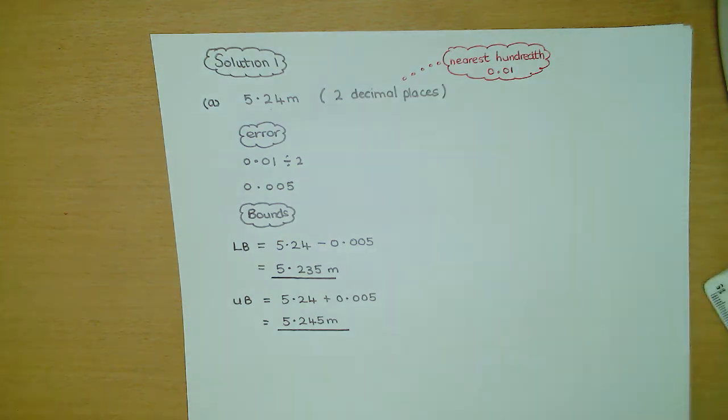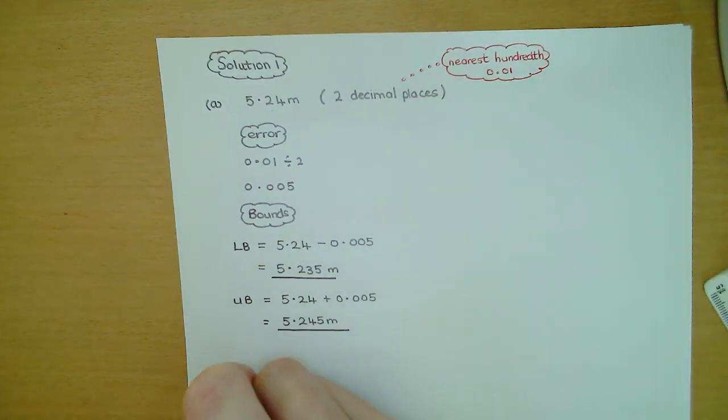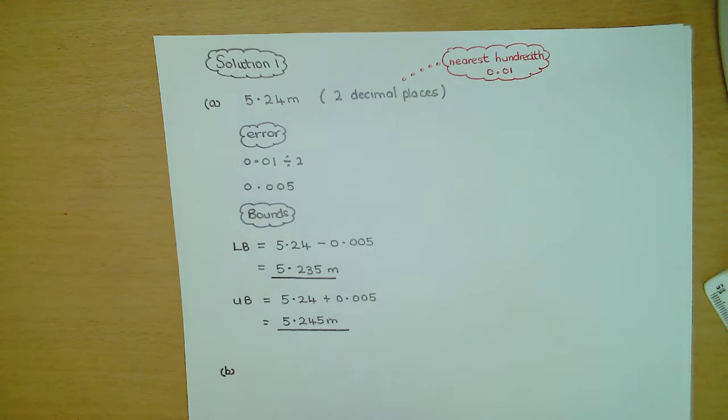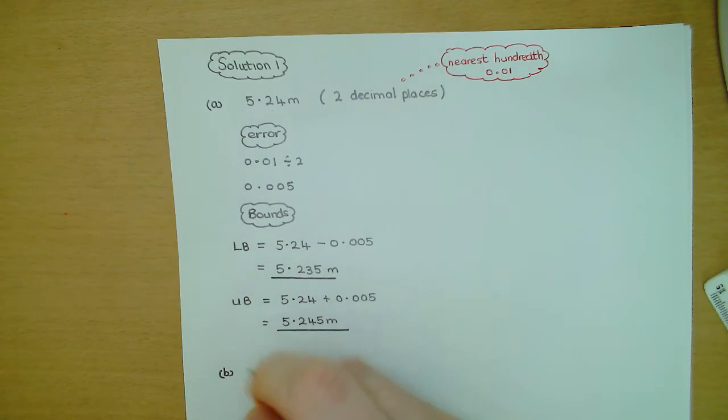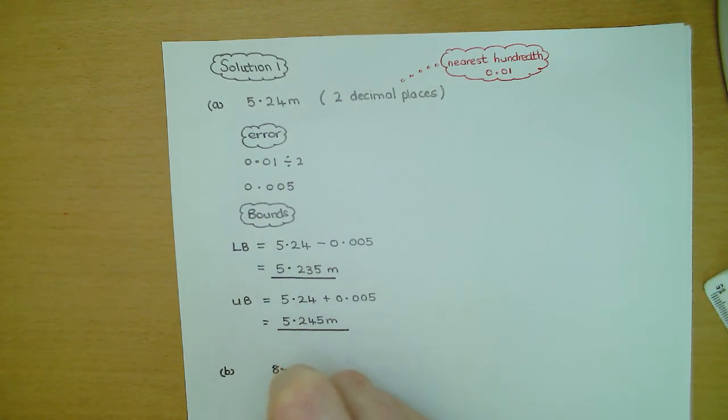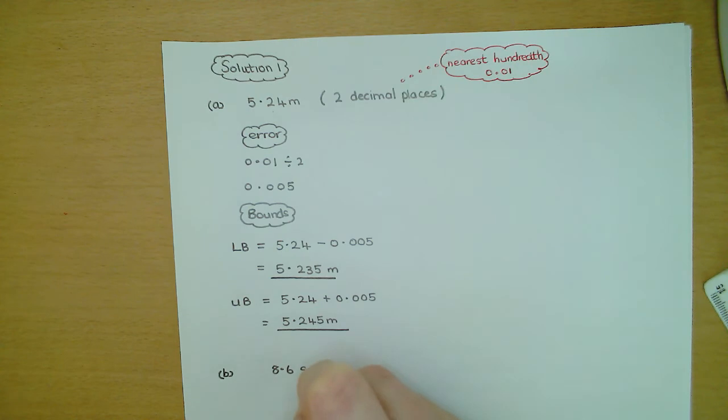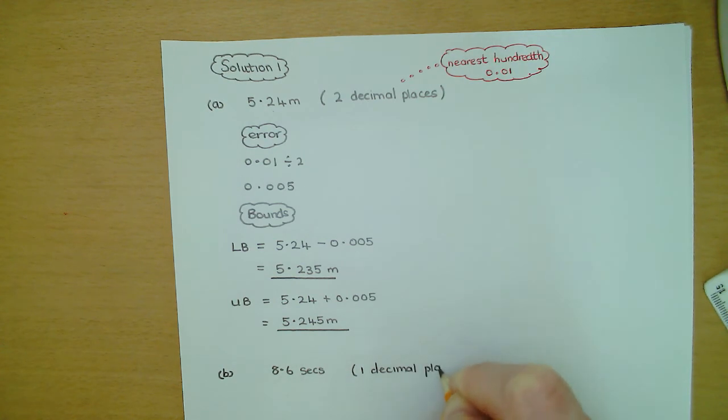Okay, part B. So part B, we have a rounded value of 8.6 seconds. And it's been rounded to 1 decimal place. Now, first of all, we have to understand what 1 decimal place means.